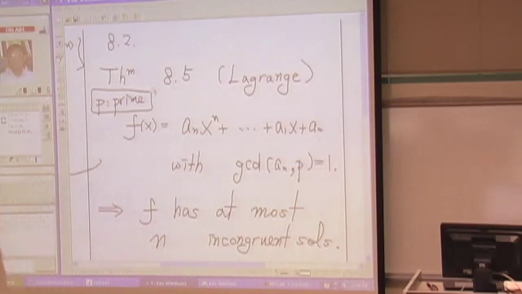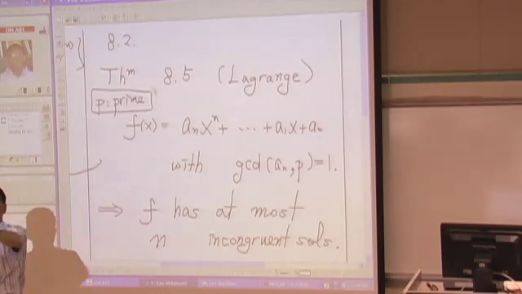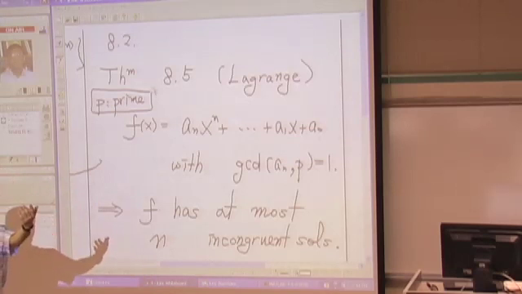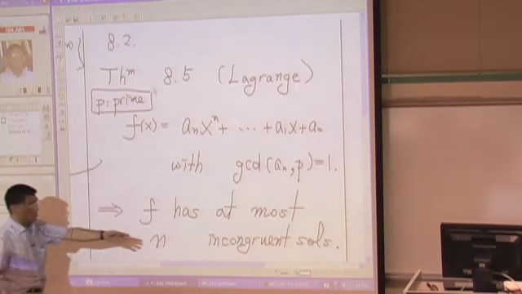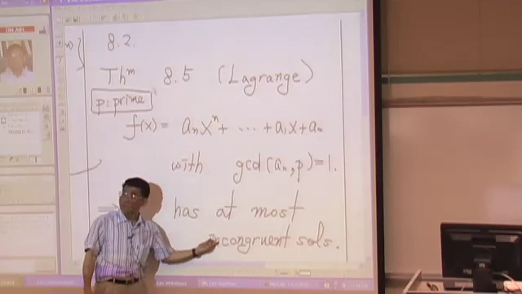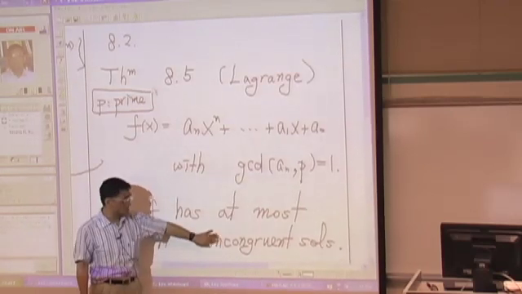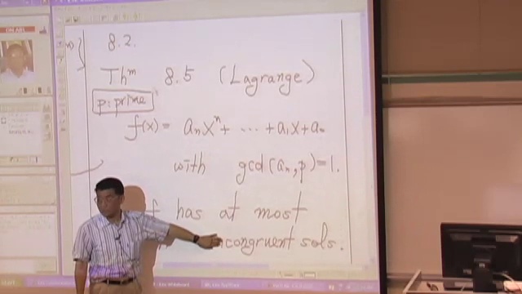If you have a cubic equation, how many solutions can you find? 3 at most. Not exactly, but at most. If you have a 5th order equation, at most 5. 10th order equation, at most 10. Nothing more than 10. We are counting just incongruent solutions, not congruent, because there are infinitely many congruent solutions.